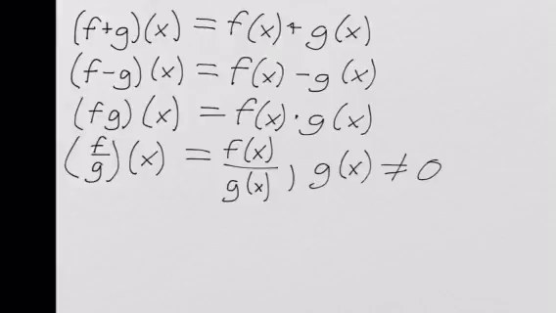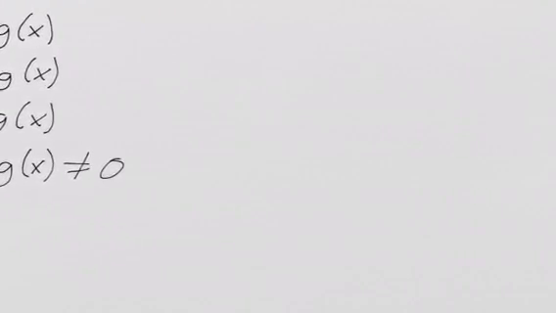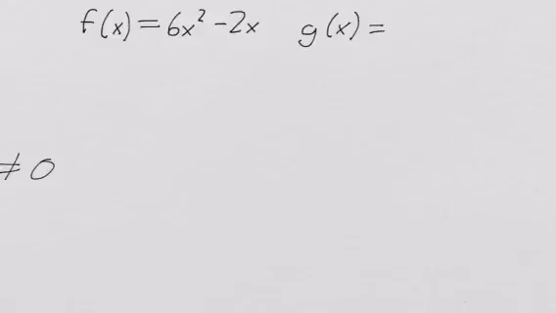So we'll take a look at some examples here. So if we let f of x equal 6x squared minus 2x, and g of x equal 3 minus 1 over x, we can then apply these definitions in a couple of different ways.